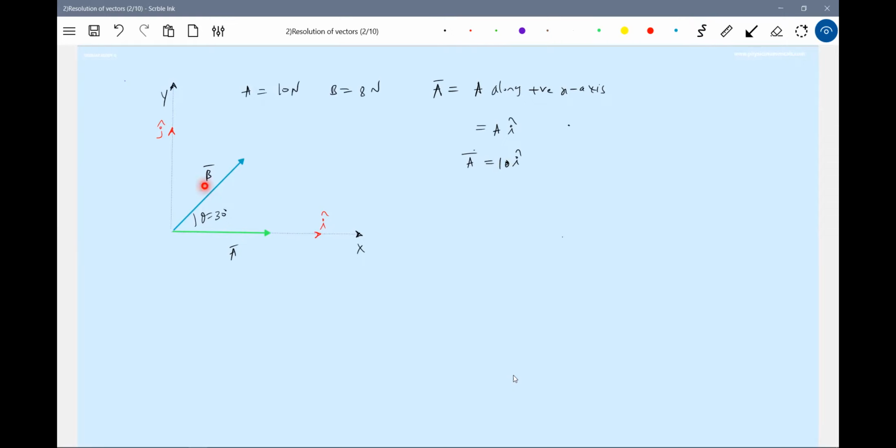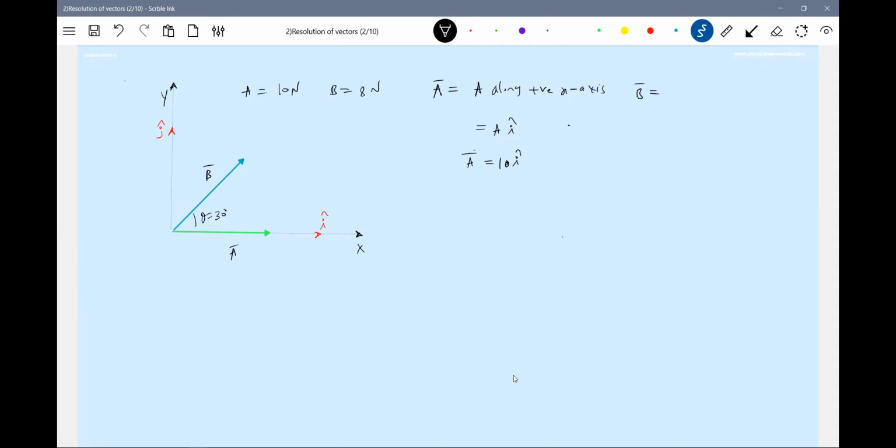What about b bar? Definitely, we can't write it in terms of I cap, J cap with the knowledge we have. I'm asking you to write the vector b bar. Definitely you can't just say b bar. So what is the best you can write?